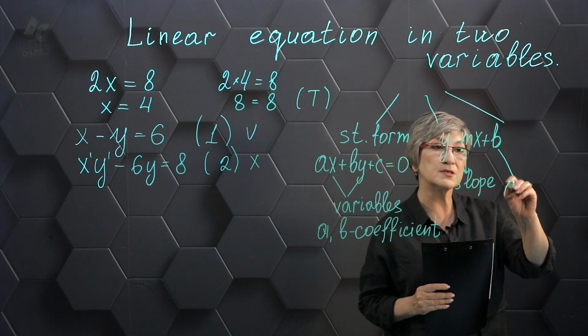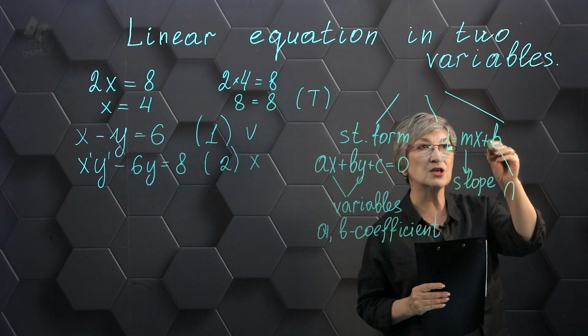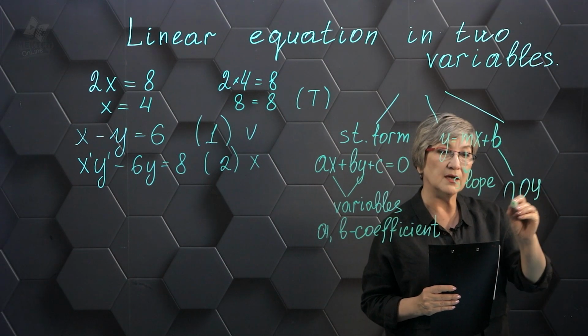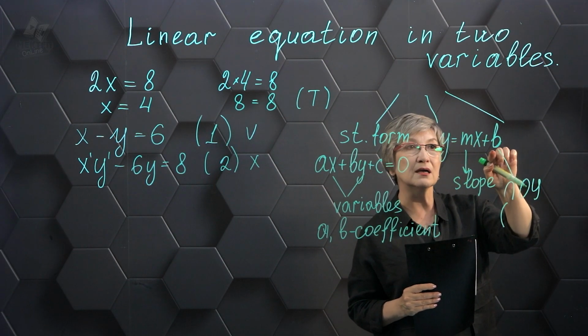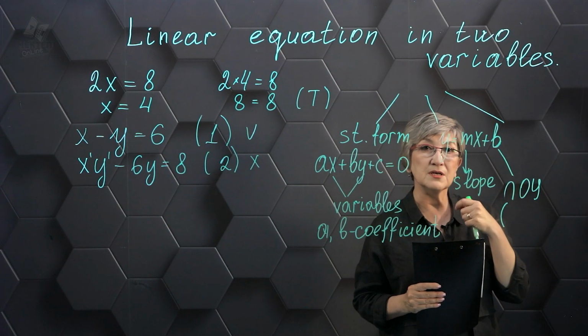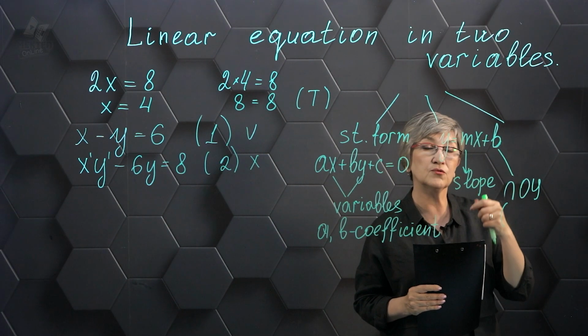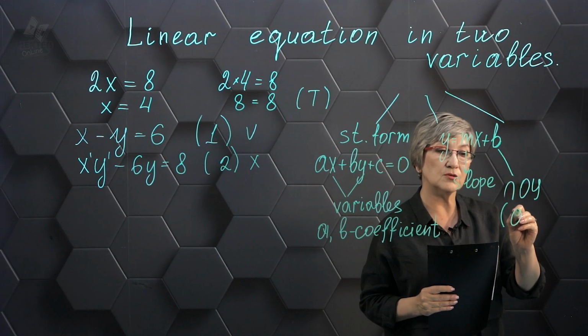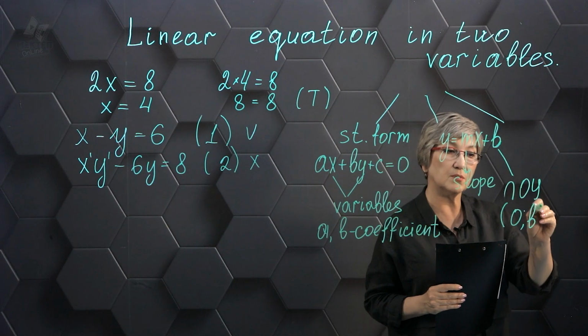Thus, I will write that the value of the variable b is the y-intercept. And then, knowing this value, we can always write the point, the intersection of the function's graph with the y-axis. And this point will look as follows: 0 on the x-axis and b on the y-axis.